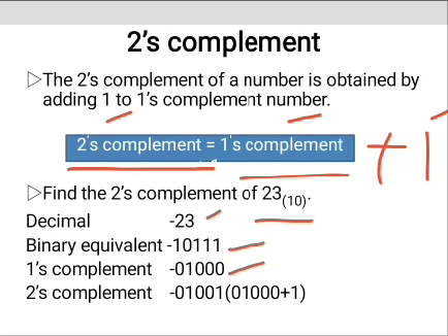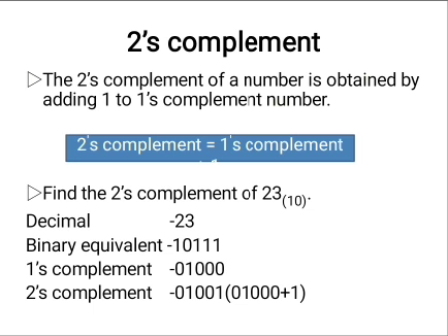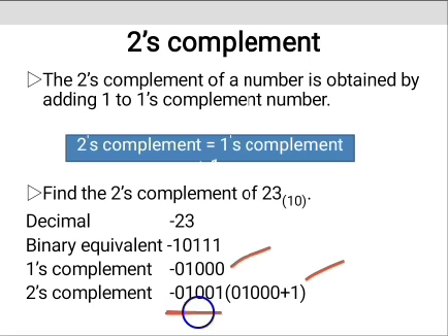That means two's complement equals 01001. First we must do the ones complement. Afterwards, by adding 1, you will get this number. 01001 is the two's complement of 10111.